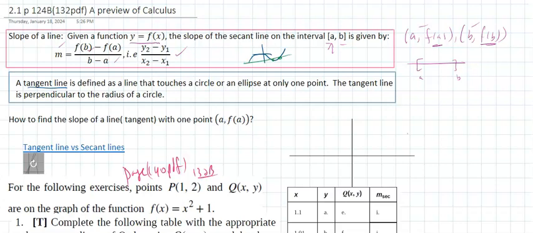Now, a tangent line is a different story. A tangent line is defined as a line that touches a circle or an ellipse at only 1 point. The tangent line is perpendicular to the radius of the circle.